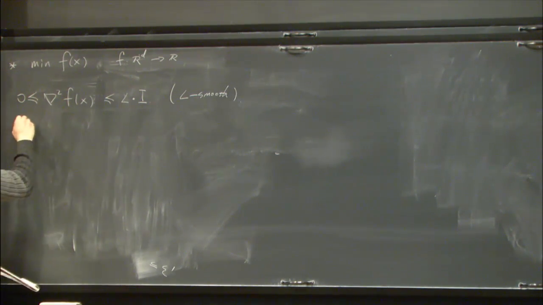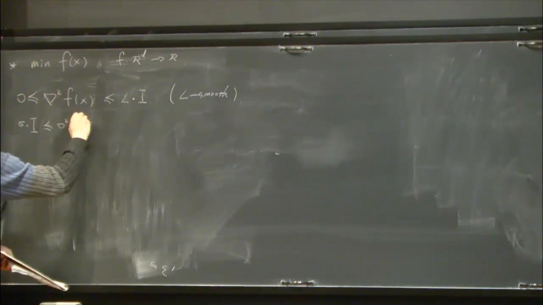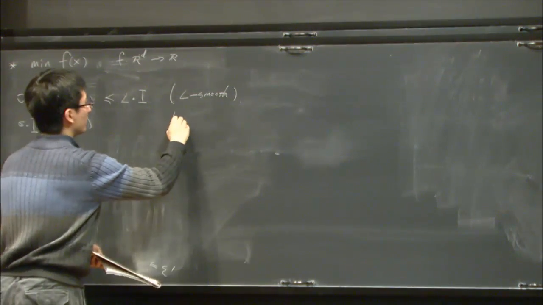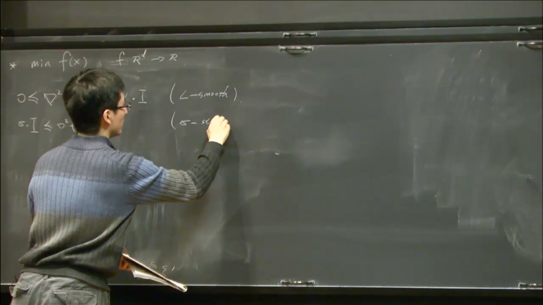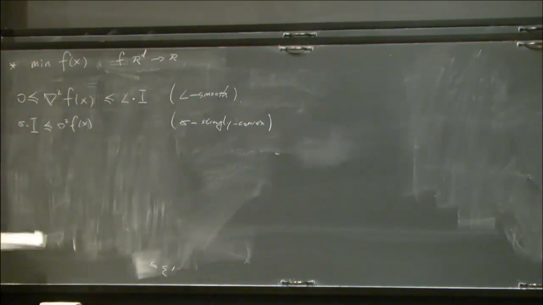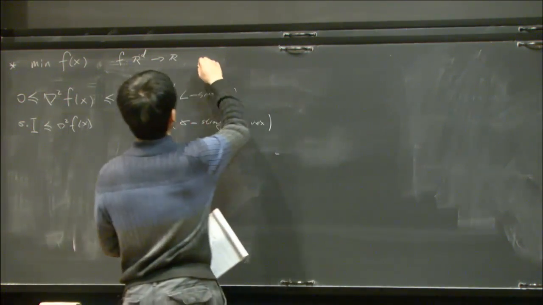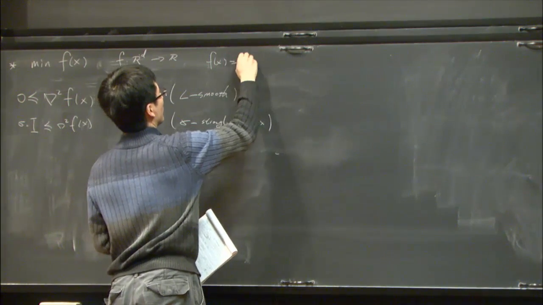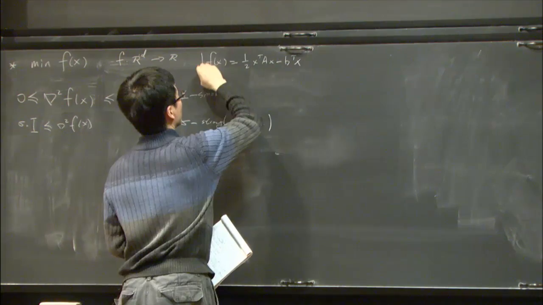And I say that the function is strongly convex, meaning sigma strongly convex, if all the eigenvalues are at least sigma. In particular, we should always think about f(x) equals 1/2 x transpose A x minus b transpose x as a canonical example.